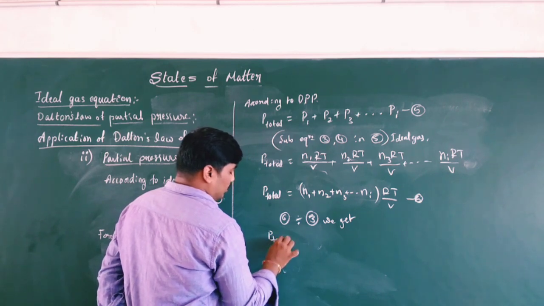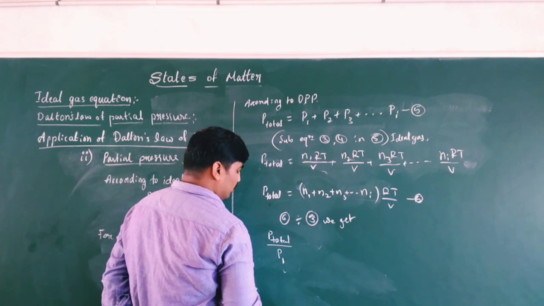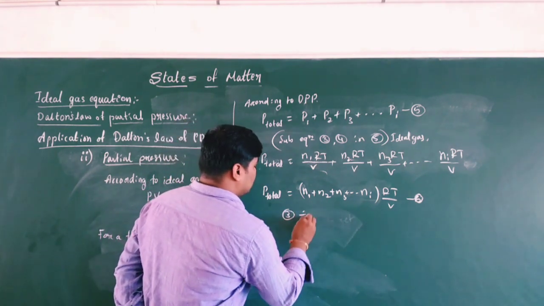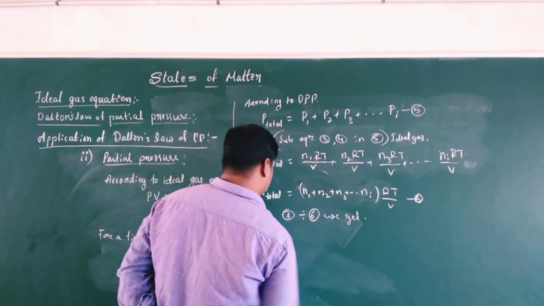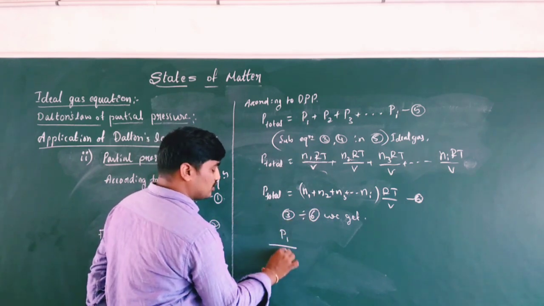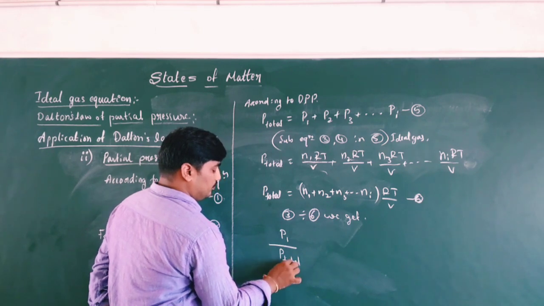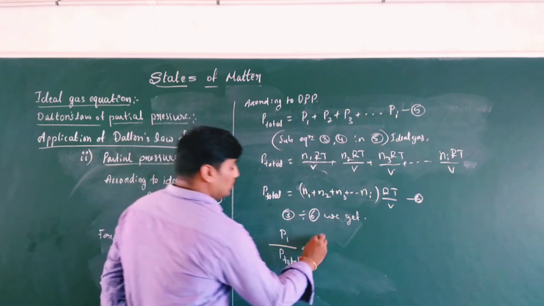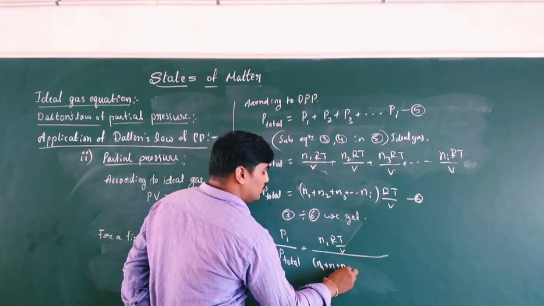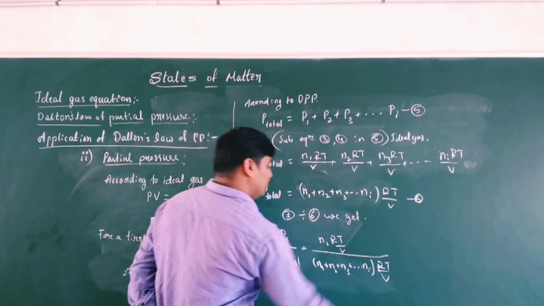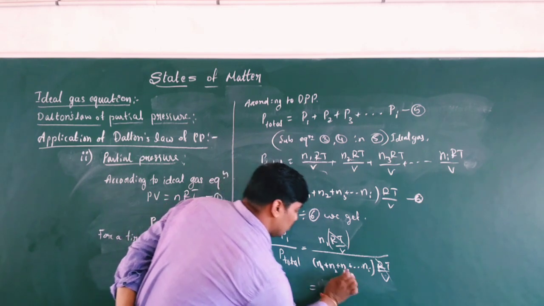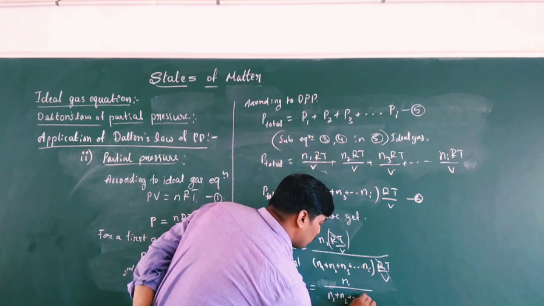Equation number 3 is P1 equal to N1 RT by V, and equation number 6 is P total equal to N1 plus N2 plus N3 plus so on up to Ni, times RT by V. RT by V gets cancelled. The remaining thing is P1 by P total equal to N1 divided by N1 plus N2 plus so on up to Ni.